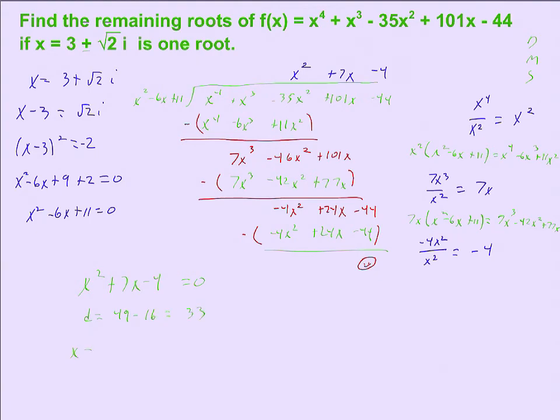And then x is negative b plus or minus the square root of that discriminant all over 2a. And it's real, so I don't need to worry about turning it into a plus bi form. I can just write my solutions. 3 plus or minus root 2i, we knew that because they told us. And then negative 7 plus or minus root 33 over 2 are the other two roots that we found.